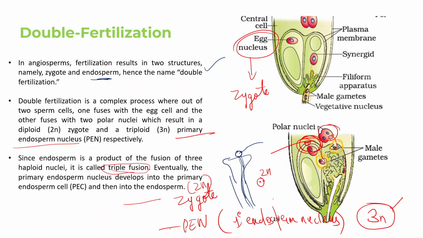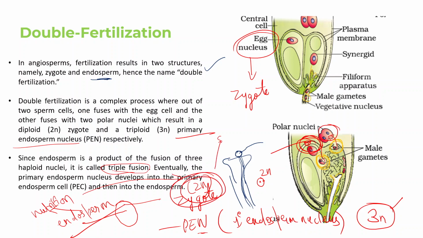Eventually, this primary endosperm nucleus develops into the primary endosperm cell. It will form a cell, and this cell is going to be known as endosperm, for nutrition purposes. It will provide the nutrition for the zygote to develop into a seed.